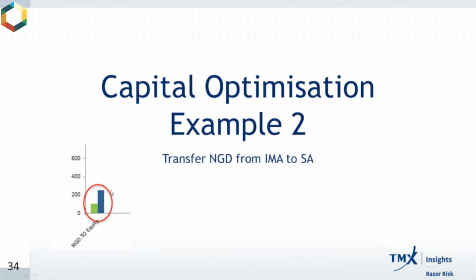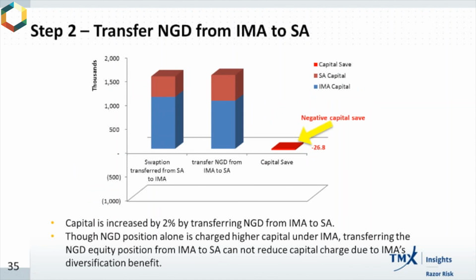Okay, so let's do another test following our instinct. If you remember, NGD has a higher charge in IMA than in SA. So how about we move that trade into the SA desk and see the impact on capital? And these are the results.